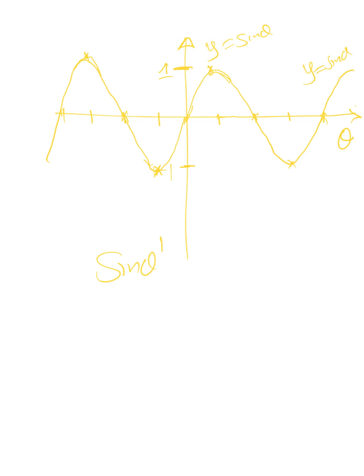The magnitude of sine theta is less than or equal to 1. So it is between -1 and +1.